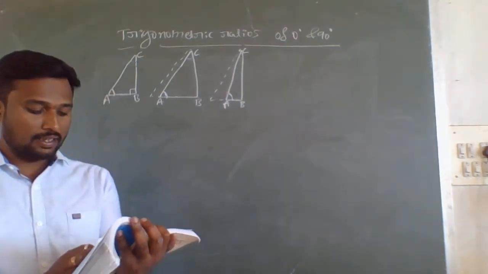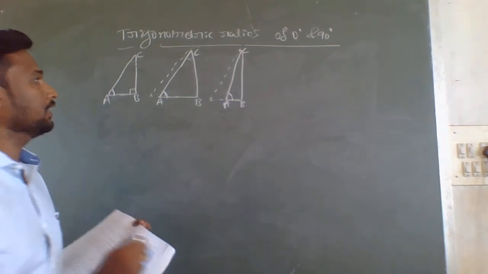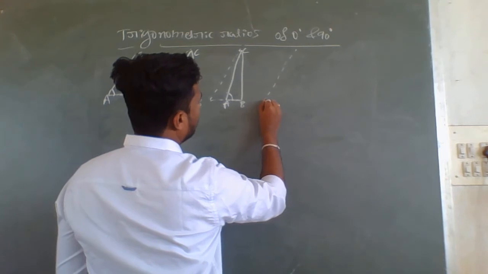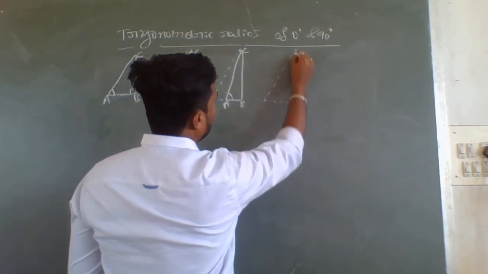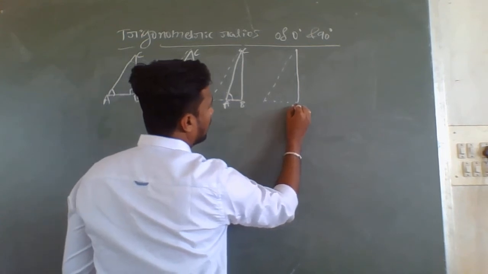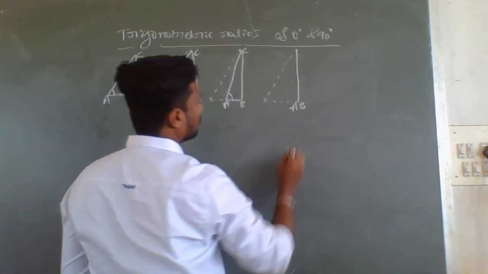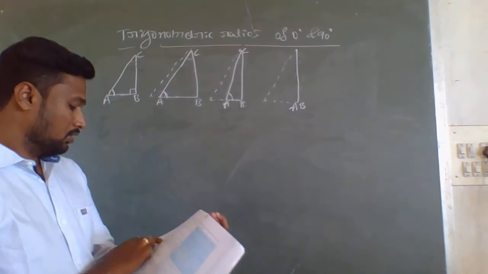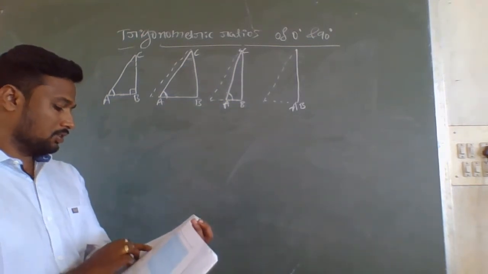Finally, when angle A is close to 90 degree, angle C becomes 0 degree.